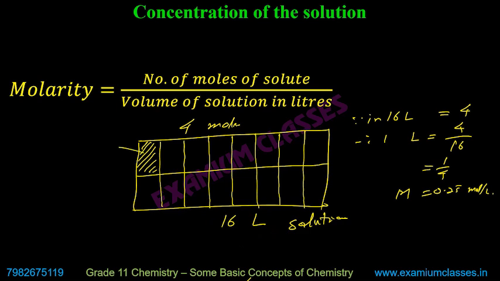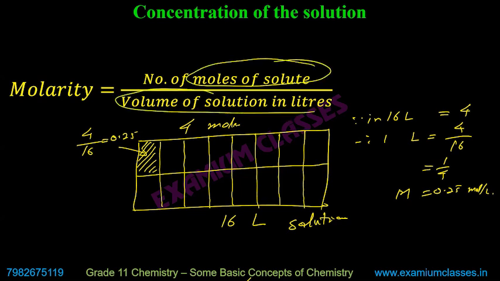Whatever moles are present here, those will be the molarity. So if you divide 4 into 16 parts, again the same thing, you will get 0.25. That will be the molarity. In 1 liter, you will have only 0.25 moles. Normally, you will be required to calculate the number of moles of solute and divide that by the volume of solution in liters. Remember, the volume has to be in liters.